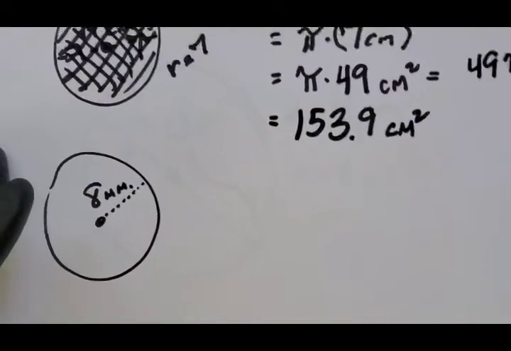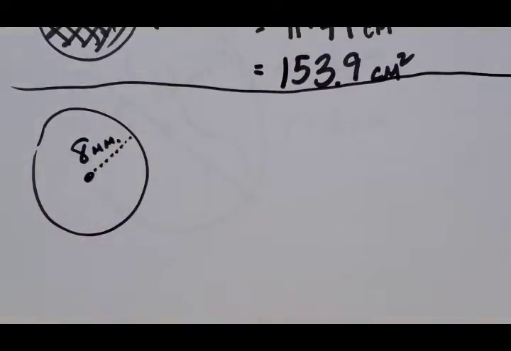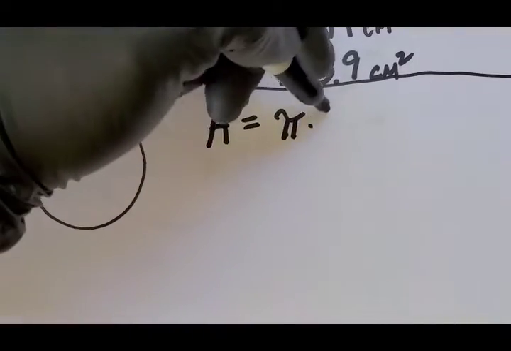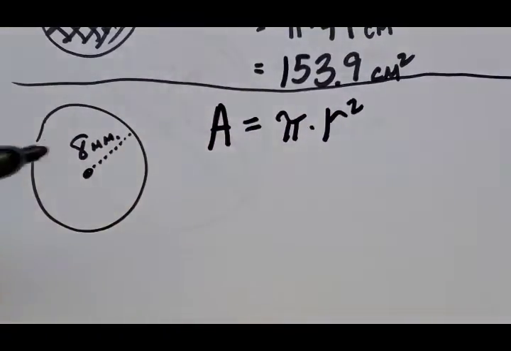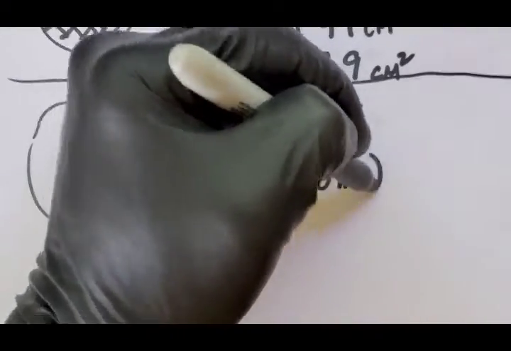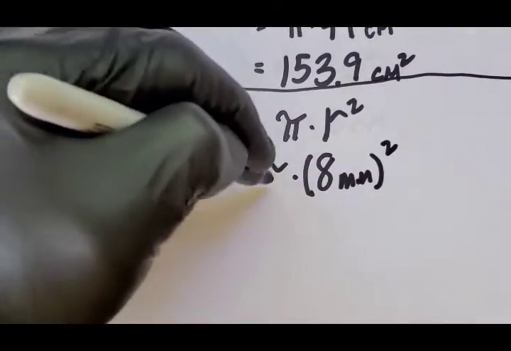Finding the area of a circle when given the radius. This one's a little more straightforward than the previous one. You don't have to make any adjustments. So you're going to write out the formula. Area equals pi times radius squared. You're going to replace the radius value, in this case here it is 8 millimeters. You replace that with the r, and there you have it.